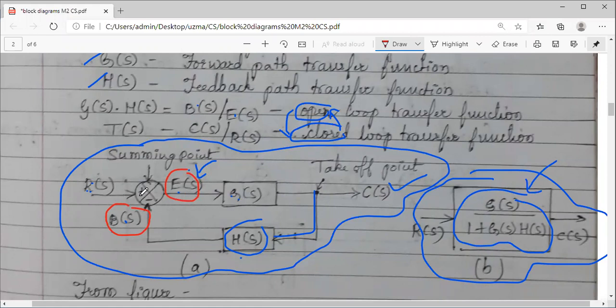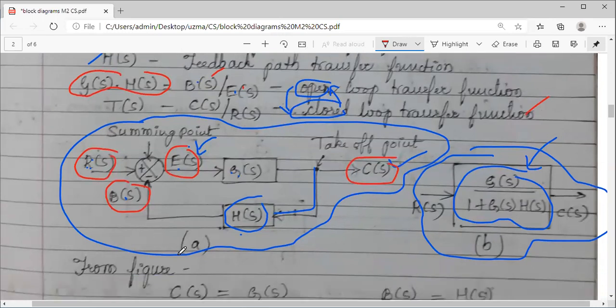That is, the error signal is the output. So if you take this B by E, that is G into H, this is your closed loop transfer function. I exchange these two terms, and if you see C output by input R, C by R is your open loop transfer function.